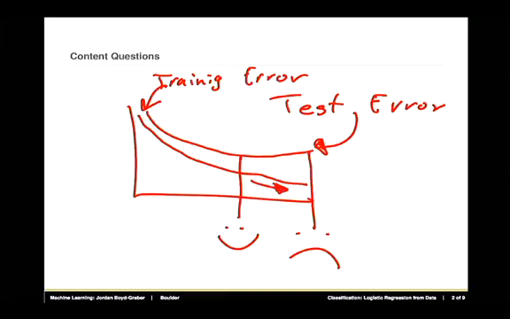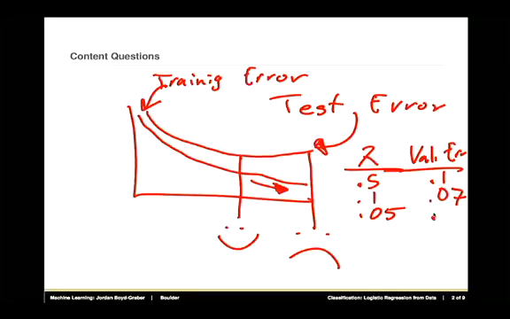Is there any way to determine the lambda in the penalty? Right, and so typically you'll have a validation set, and so you try lambda, and then you have your validation error, and so 0.5, 0.1, 0.05, and then maybe this is 0.1, 0.07, 0.12, and then you choose this guy.